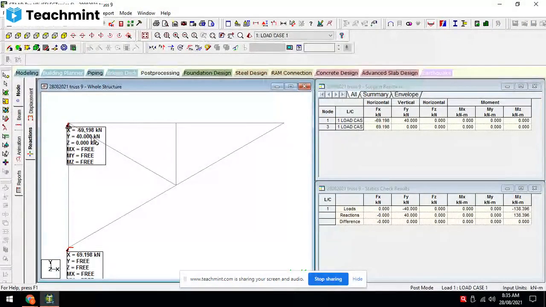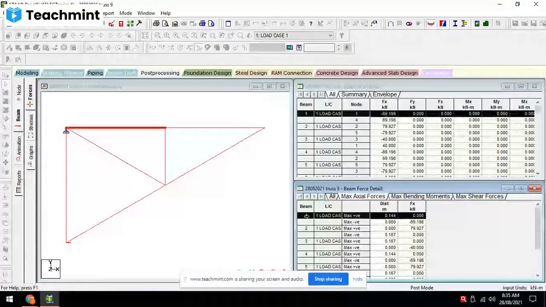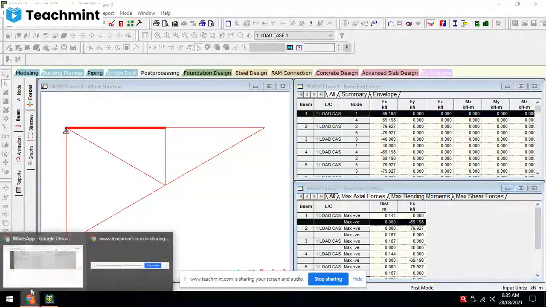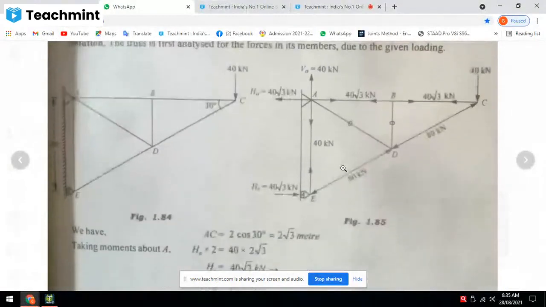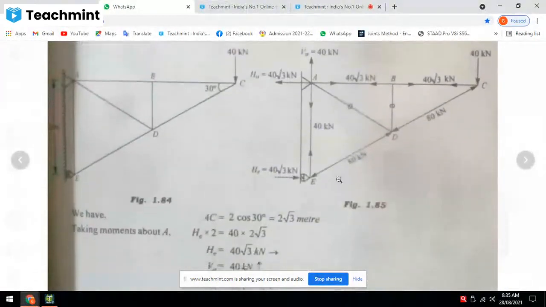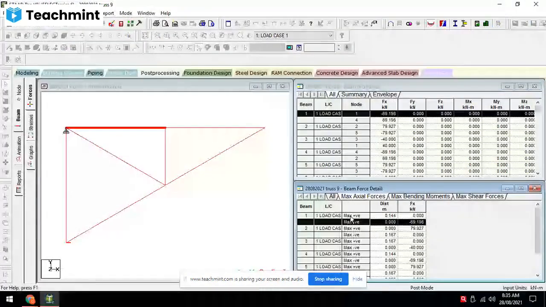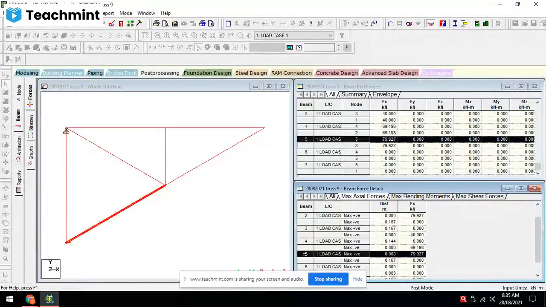69.28, that is matching. Now next we will check the forces in members, maximum forces. So this member has the value 69.19. We'll check. It is 40 root 3, same. Then inclined member ED is 80 kilonewton. We'll check that. Yes, it is 79.92, that is 80.